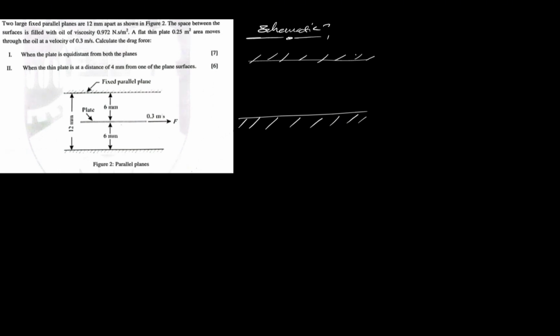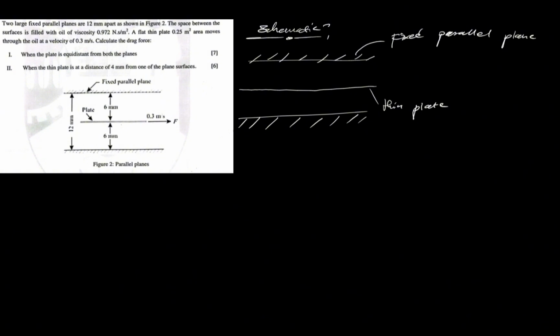So we know these are the fixed parallel planes. Other than that, we're having the thin plate. So let's just draw a line to show the thin plate. All right, so this is our thin plate.